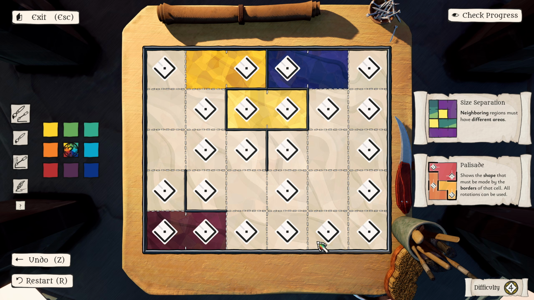Right, so I know that was wrong. This is definitely a domino. We know that much. This is either going to there or there as a domino, or there or there as a domino.